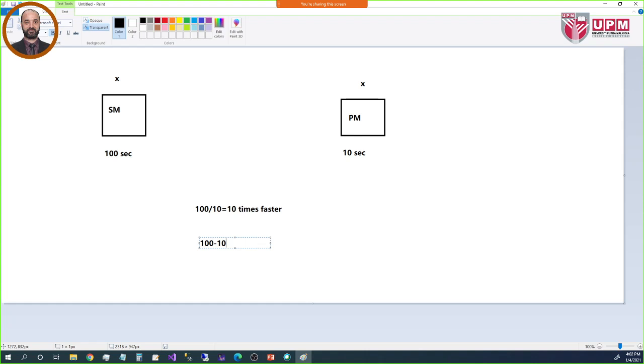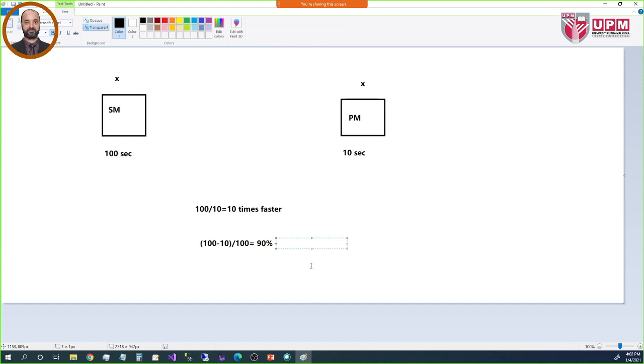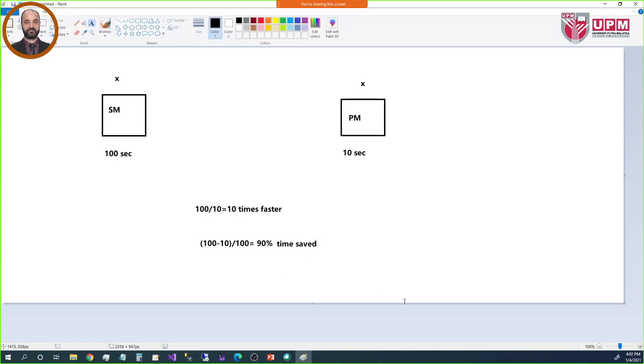It's supposed to be divided by the total execution time. Then it will be equal to 90% of time saving. Time saved. Okay, clear?